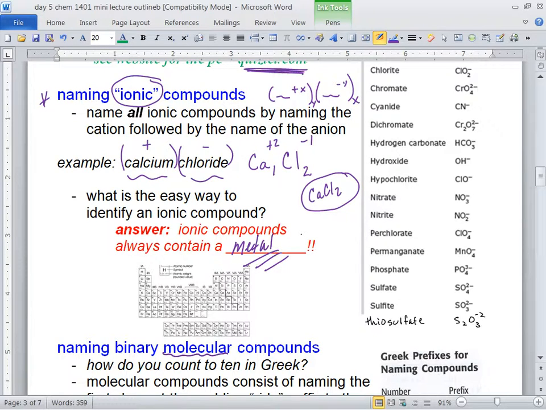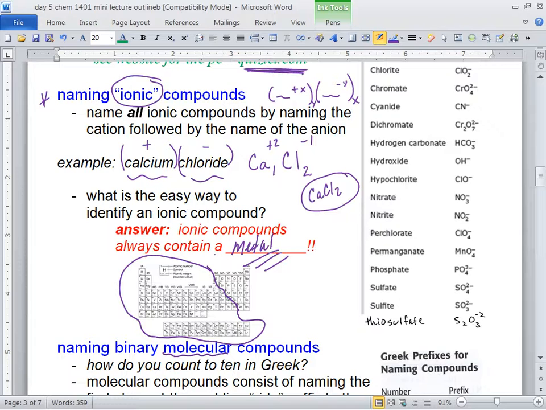Always contain a metal. If you ever see a metal, this is the game you got to play. And remember where the metals are, pretty much the entire periodic table, right? You see one of those, it's got to be a metal. And that's the game you have to play. Name the cation, name the anion, move the charges as subscripts diagonally.